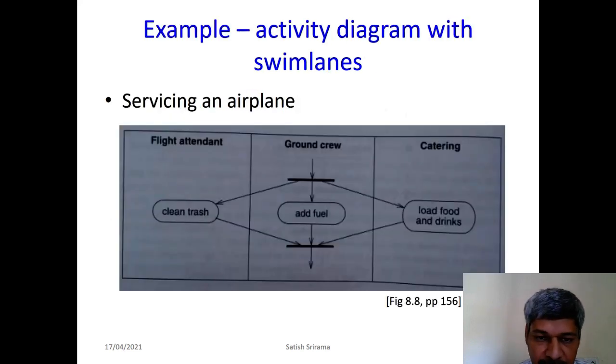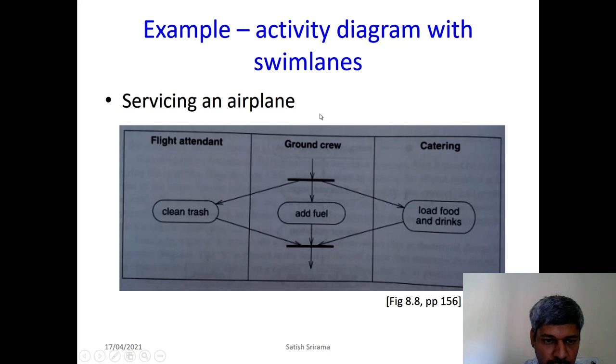Here is servicing an airplane. Assume an airplane has landed, and before it goes for the next departure, it has to be serviced. Servicing an airplane involves cleaning the trash, adding the fuel, and loading food and drinks for the next journey.